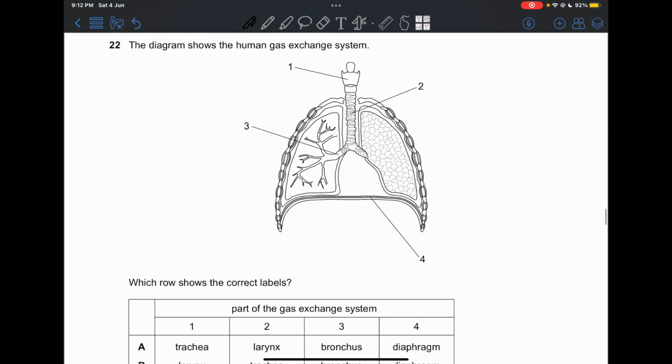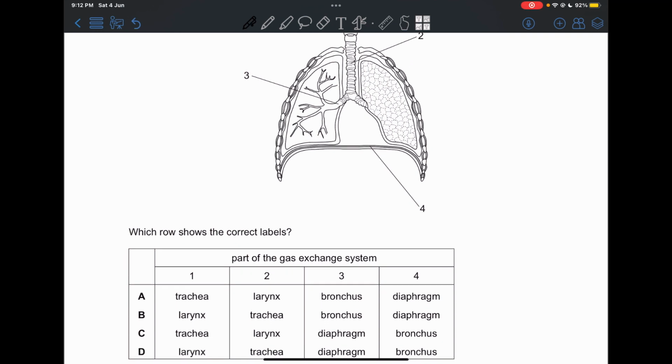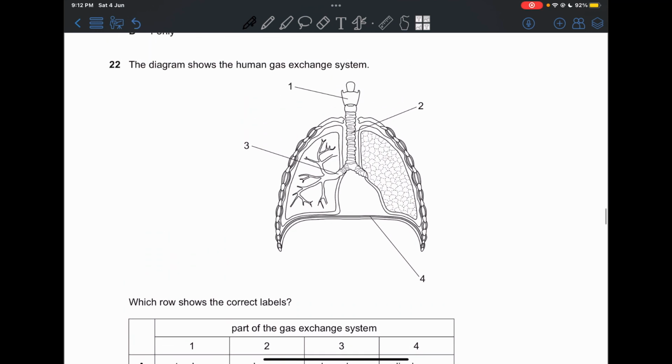Question number 22. The diagram shows the human gas exchange system. Which row shows the correct labels? Now, first of all, 1 is going to be the larynx and not the trachea. The trachea is this section over here, and it's not this one. This is the larynx. So 2 is going to be the trachea, and 4 is going to be the diaphragm, of course, and 3 is going to be the bronchus.